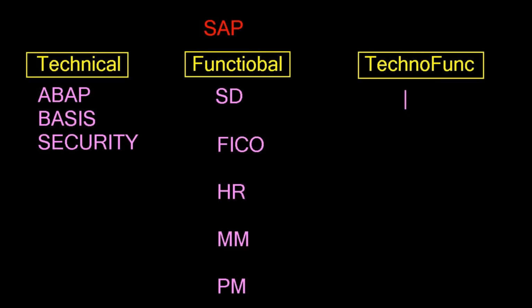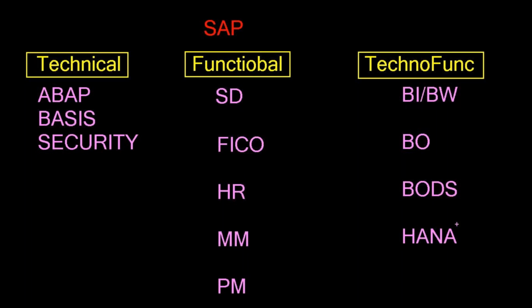Techno functional modules: BAR, BW, BO, BODS, HANA. These are some of the techno functional modules.